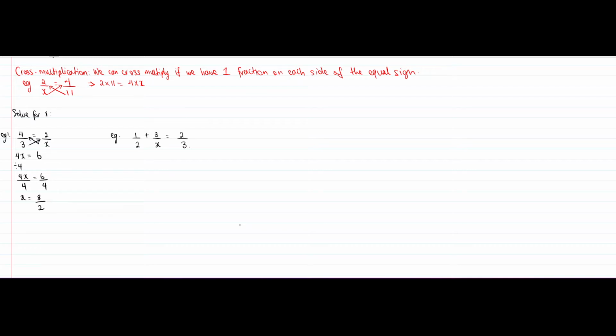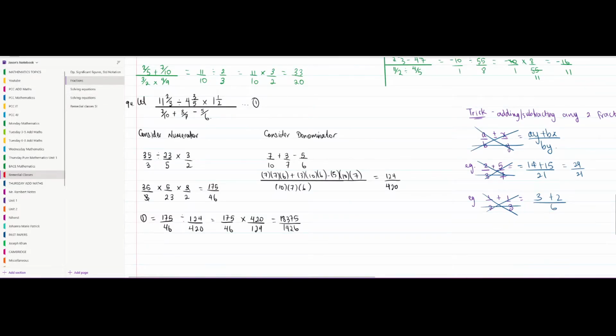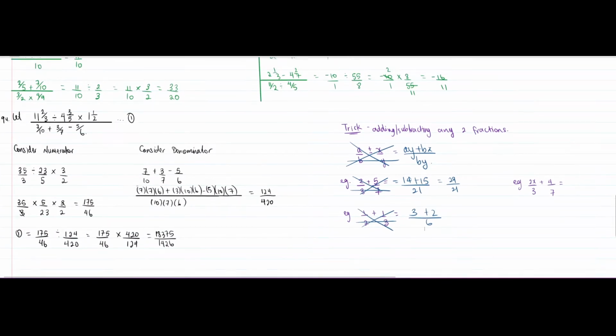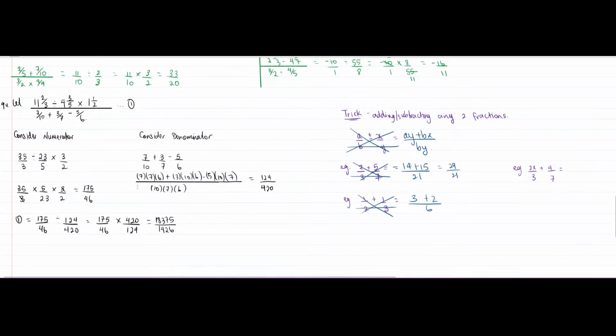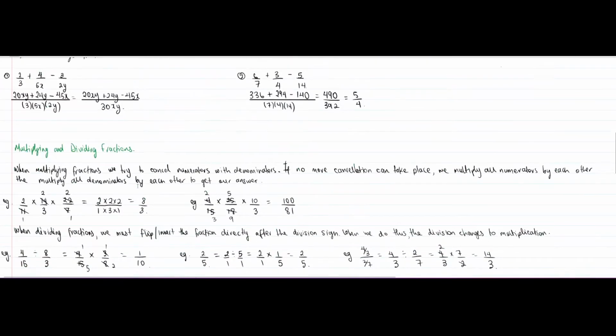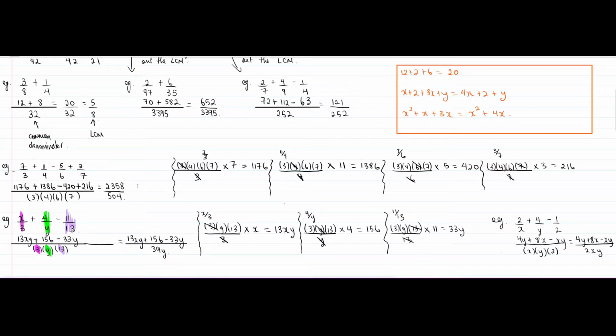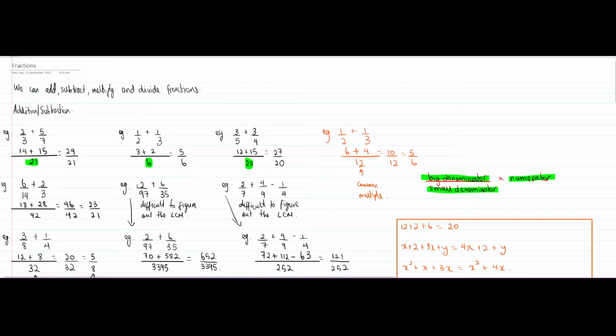So I want to figure out a way in which I can have one fraction on each side of the equal sign. Now I'll go back to our previous class on fractions, and I want you all to notice something here. When we added or subtracted fractions, I added two fractions and I got one fraction.